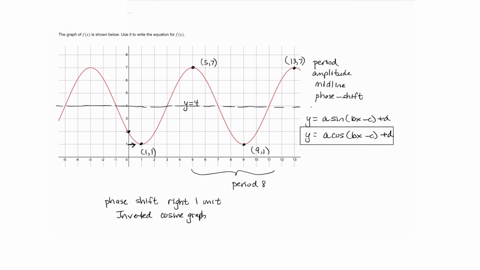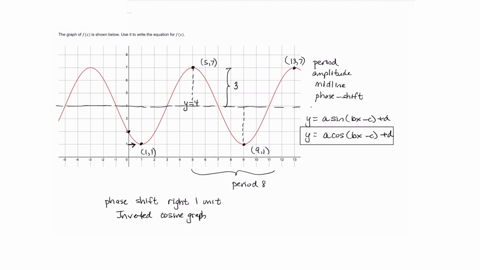The only thing we have yet to figure out is the amplitude. The amplitude, remember, is the vertical distance between the midline and either the minimum or the maximum point. Since the maximum value is 7 and the midline is 4, the amplitude is 3 units.